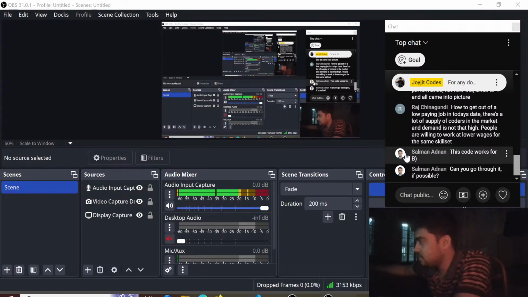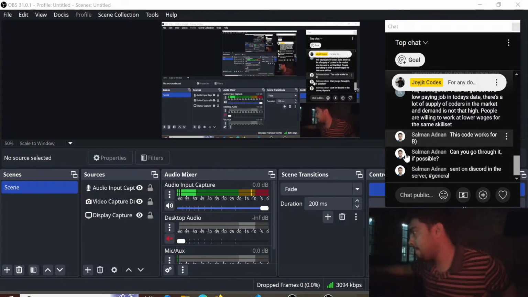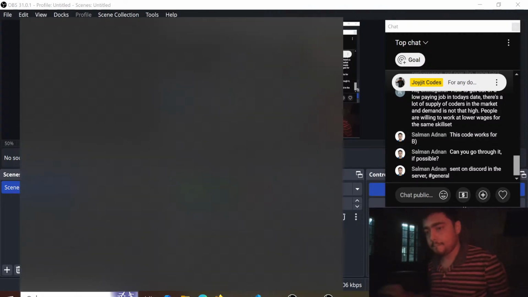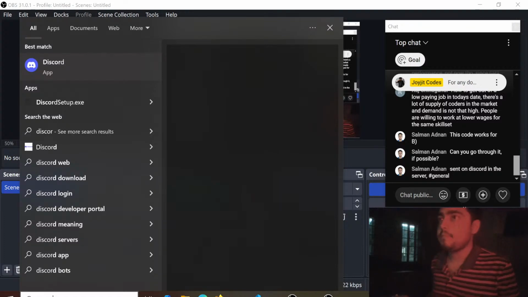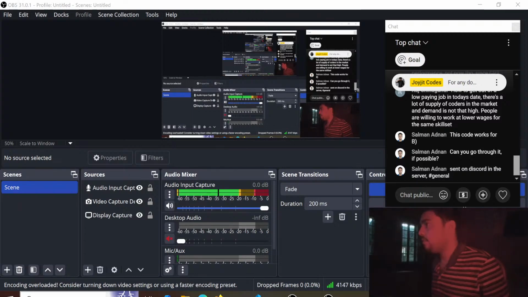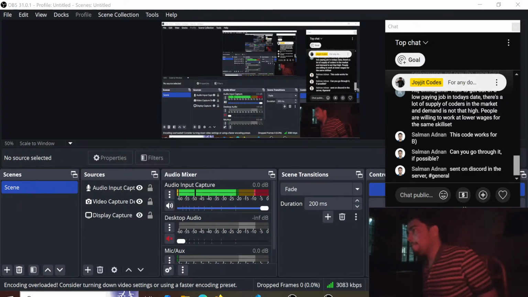Now see this wage thing, low wages, skill set. It matters to some extent, but remember one thing. What I felt is that since I was a 2024 pass out, I felt that the 2024 batch was not up to the mark.